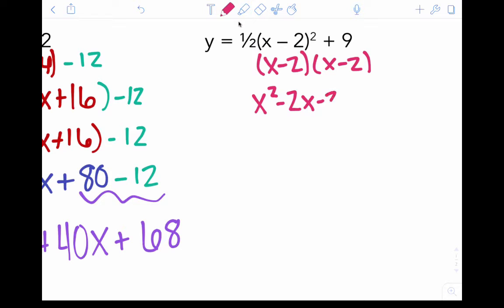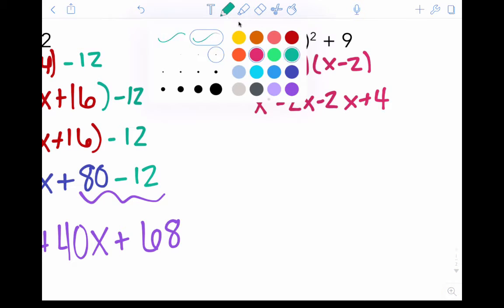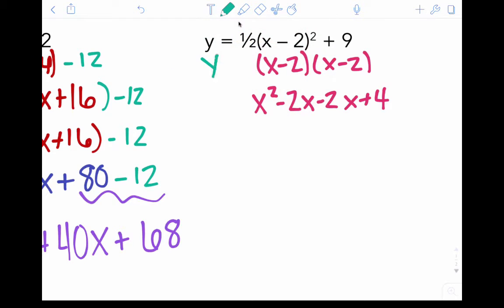I have my other numbers still attached to this. And now I still need to simplify inside that parentheses a little bit. So inside the parentheses becomes x squared minus 4x plus 4. And I still have those other numbers outside of them.